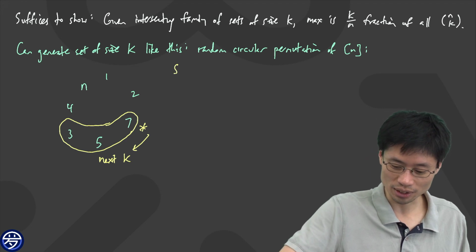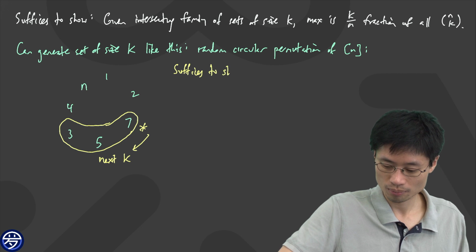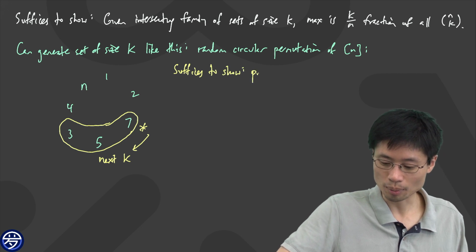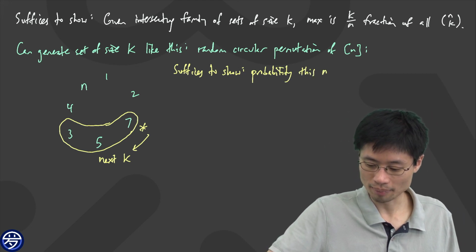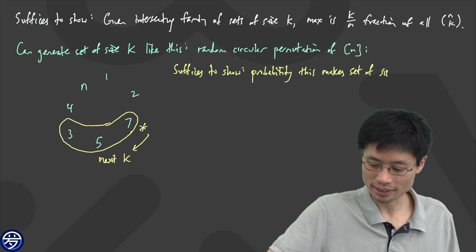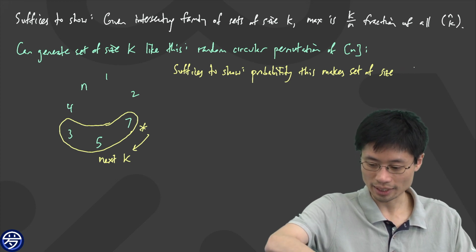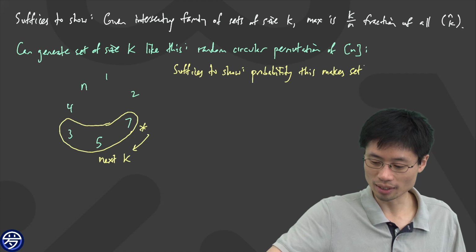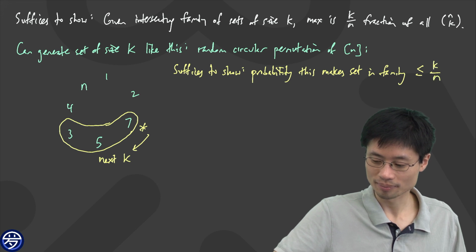So it suffices to show that the probability that this makes a set in the family is less than or equal to k over n.